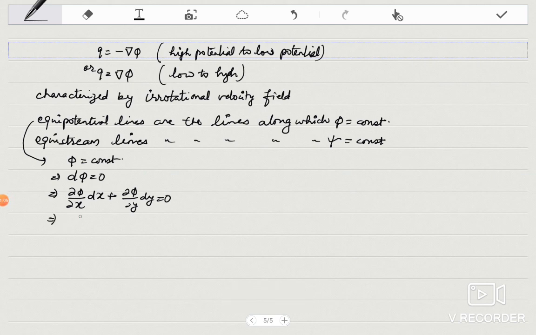And the value of gradient phi is u, v, so u dx plus v dy is 0, which implies dy by dx is equal to minus u upon v. This is called the slope of the potential line.